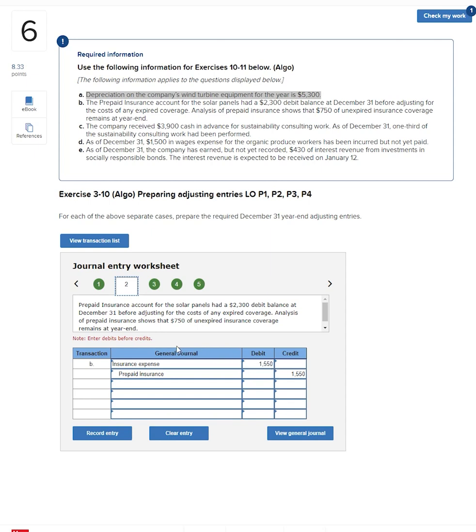Okay, so in this case they tell us that $750 of that $2,300 is left. We subtract the two amounts and it will give us the amount that was spent, and then we record this amount, and in this case it is $1,550.